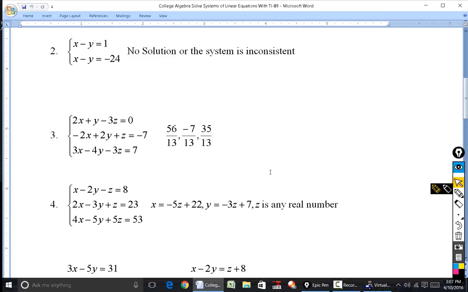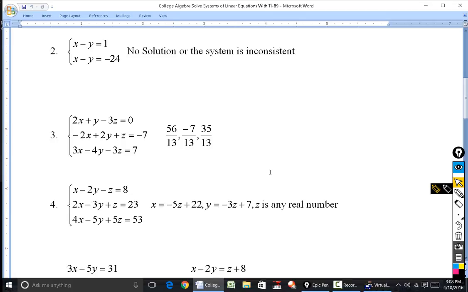Now, if in the process of doing this manually, all the variables cancel out and you get 3 is equal to 3 or 0 is equal to 0, that's basically telling you that there's an infinite solution set. If you get something like 0 equal to 3, which can't be, that's telling you that there's no solution for that particular system of equations.